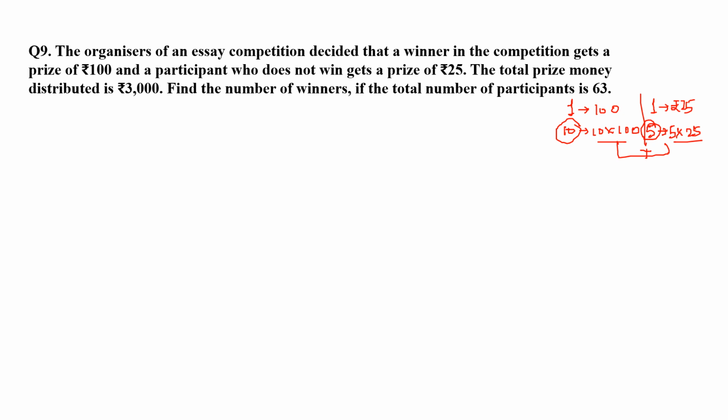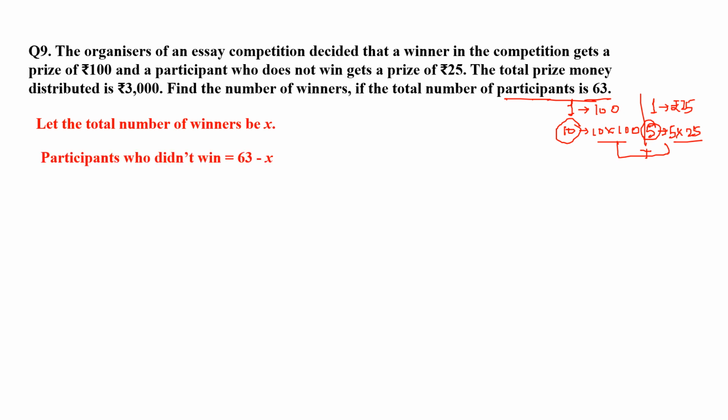So I don't know how many participants won the competition and how many did not. But one thing is given: the total number of participants was 63. So I will assume let the number of winners be x. So from 63 participants, if x are the number of winners, then I can clearly find out how many did not win.